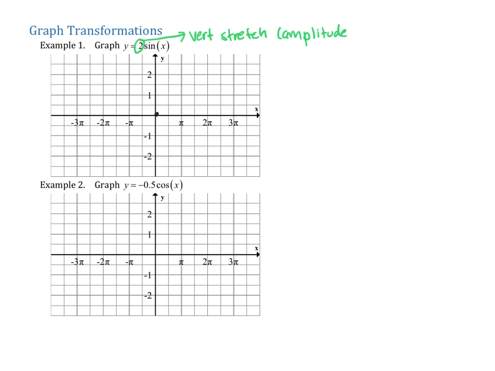A regular sine function at 0 is 0, at pi over 2 it's 1, at pi it's 0, at 3 pi over 2 it's negative 1, and at 2 pi it is 0. So here's a fundamental period of the sine function. Our scaling is a little bit different, so this looks maybe a little squished compared to our previous sine function. So here's my sine of x.